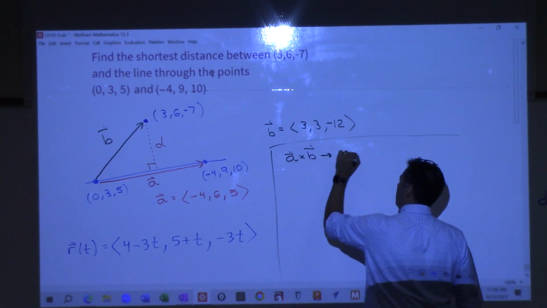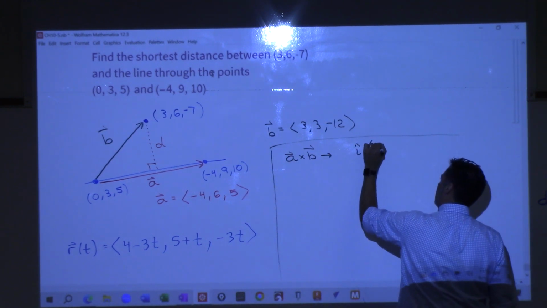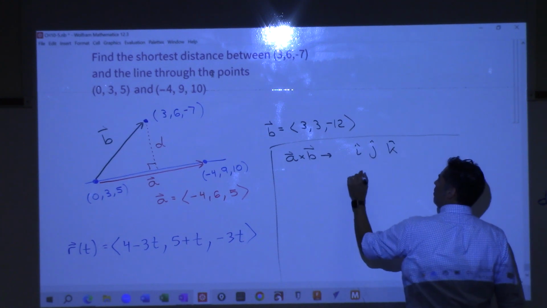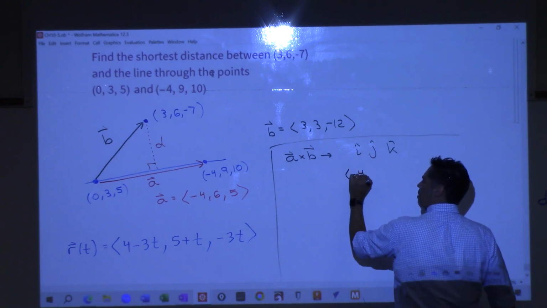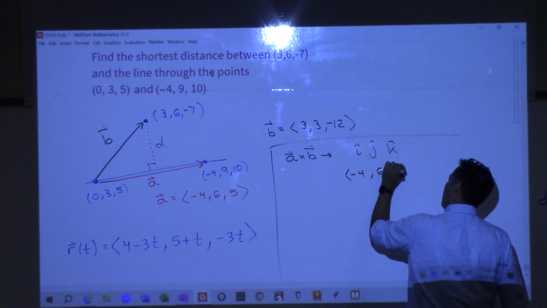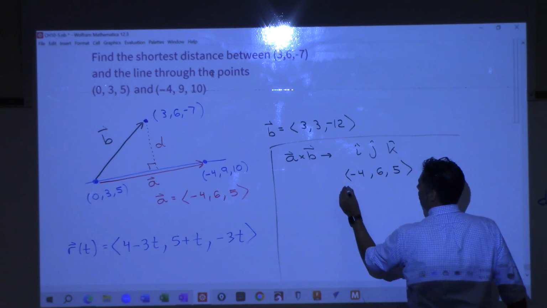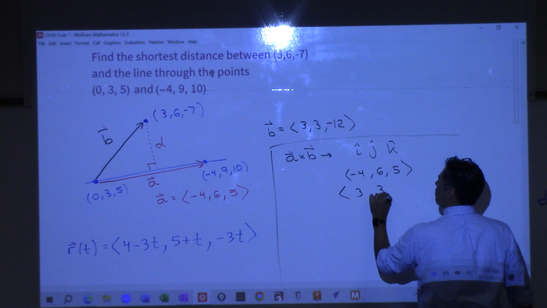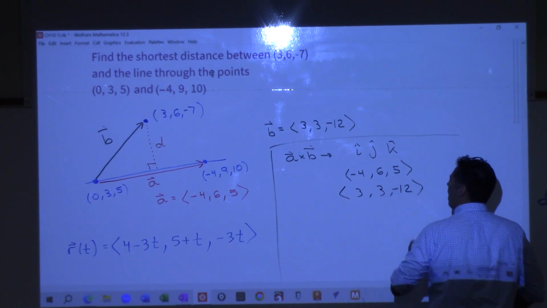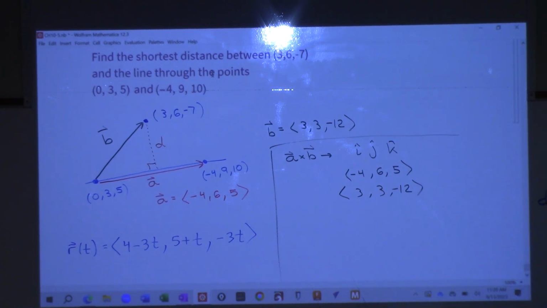To do that, I'm going to do the whole i, j, k thing. Put my two vectors: negative 4, 6, 5, over, sorry, and then 3, 3, negative 12. Does it matter what order I do these in terms of this formula?